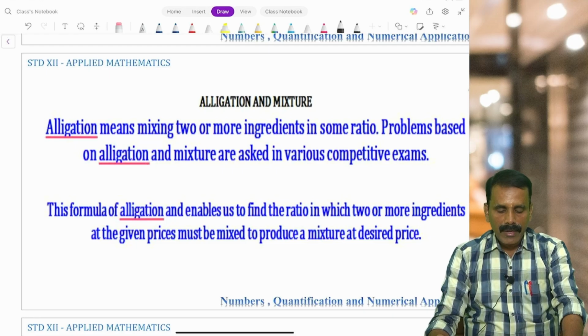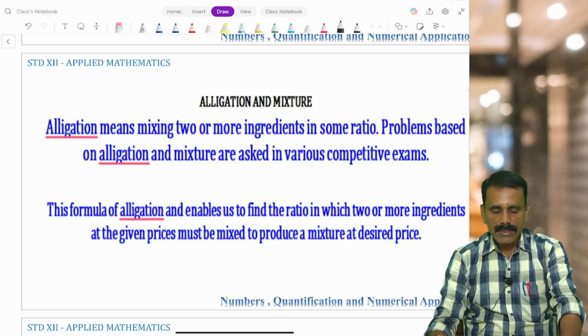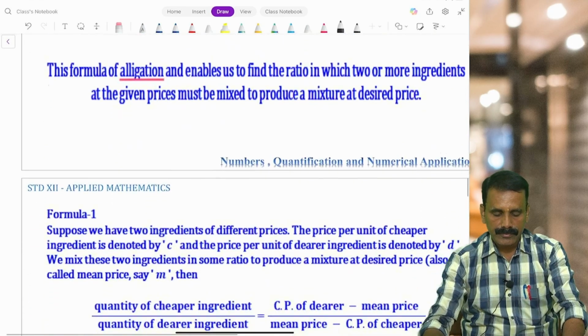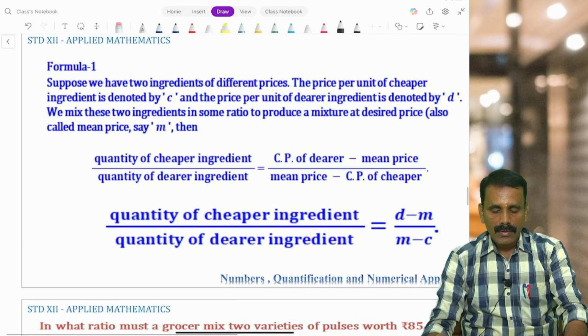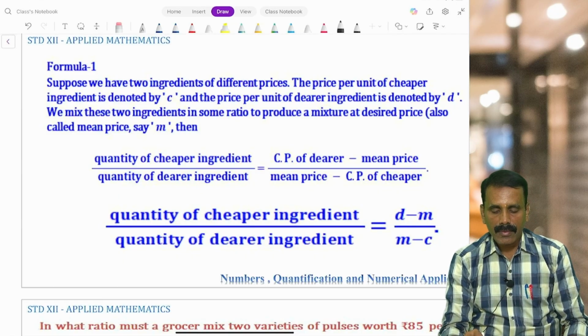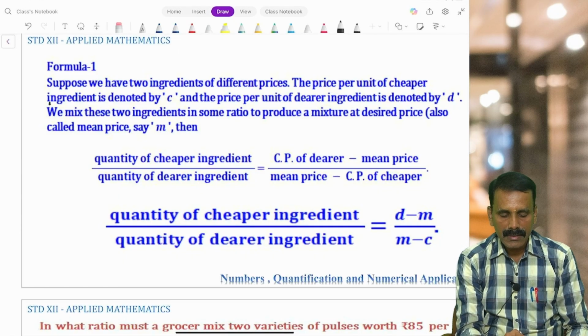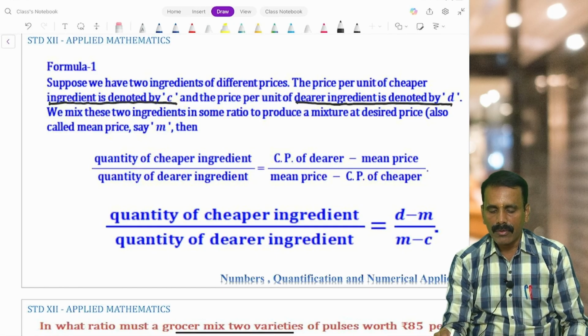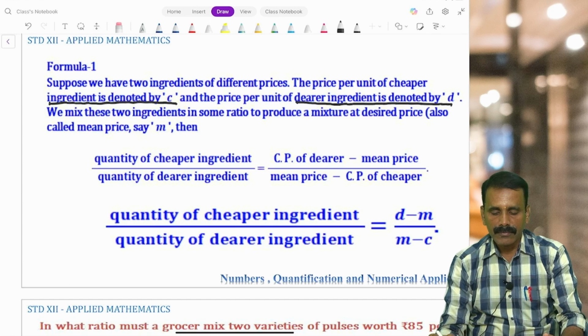The formula of allegation enables us to find the ratio in which two or more ingredients at given prices must be mixed to produce a mixture at the desired price. For example, if you have two ingredients of different prices, the price per unit of the cheaper ingredient is denoted by C, and the price per unit of the dearer, that is a little bit costlier, is denoted by D, and we are going to mix these two products.